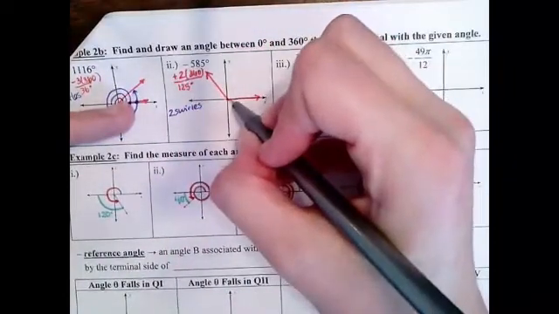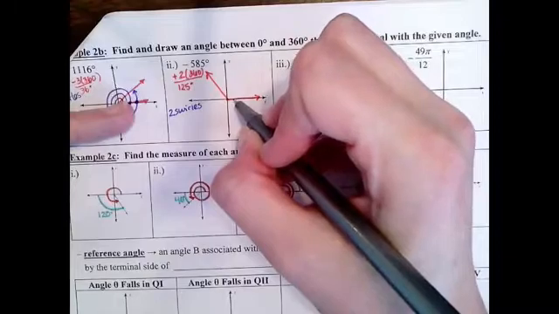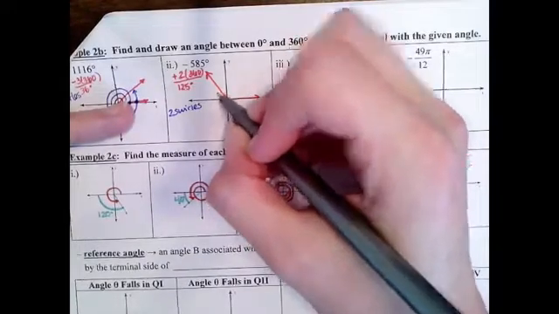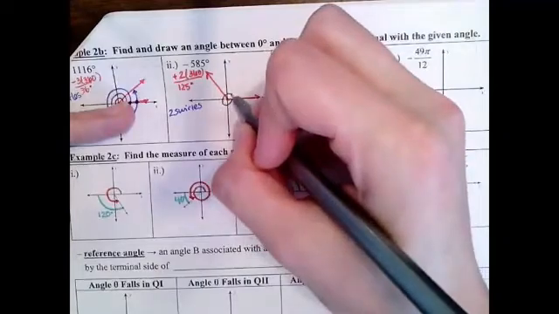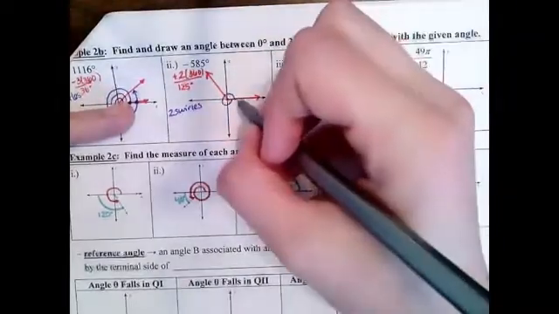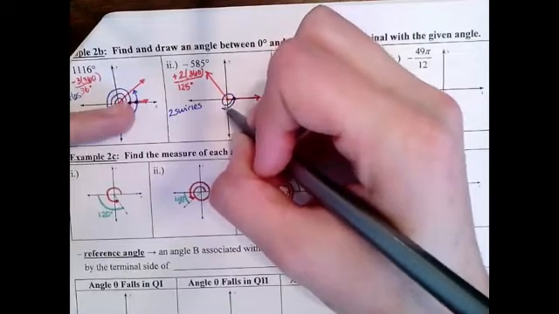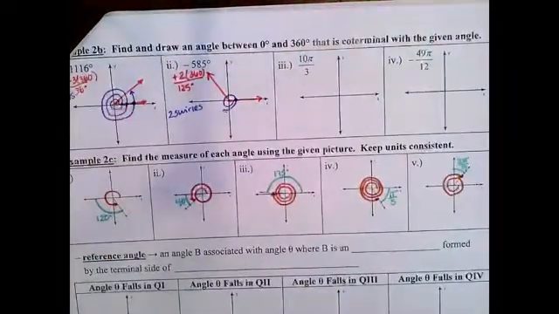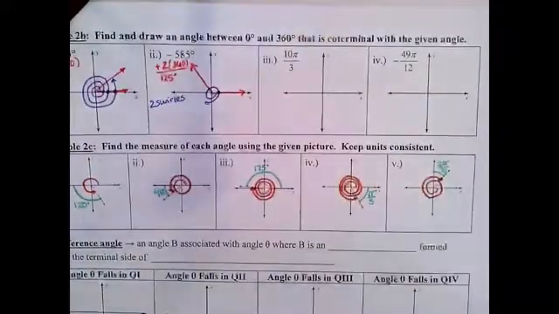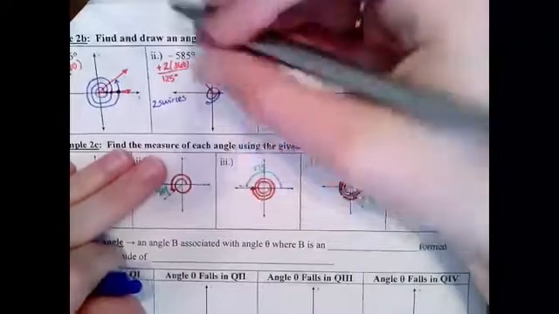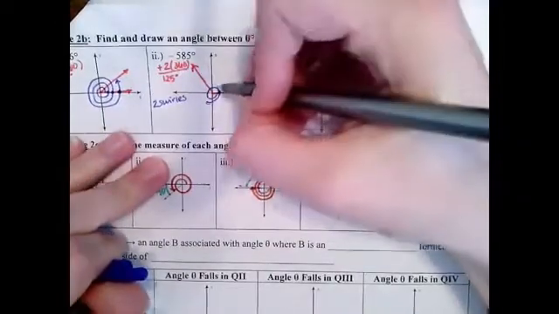So again, starting here, but I'm going negative, so make sure you go clockwise. I go around, that's negative 360, swirl 1. Okay, so since I added 360 twice to get to a positive coterminal angle, I have to make 2 swirlies.